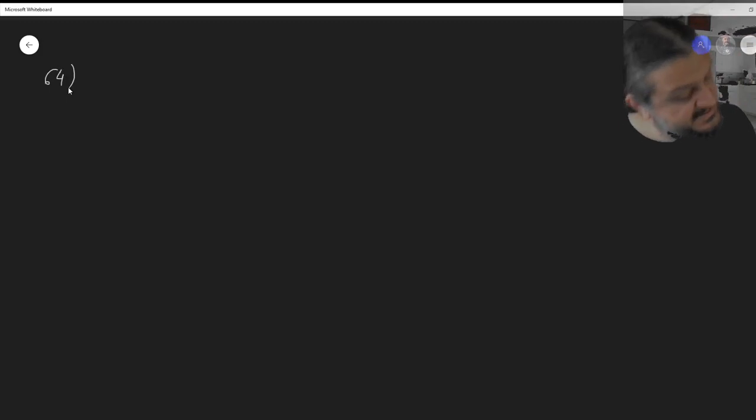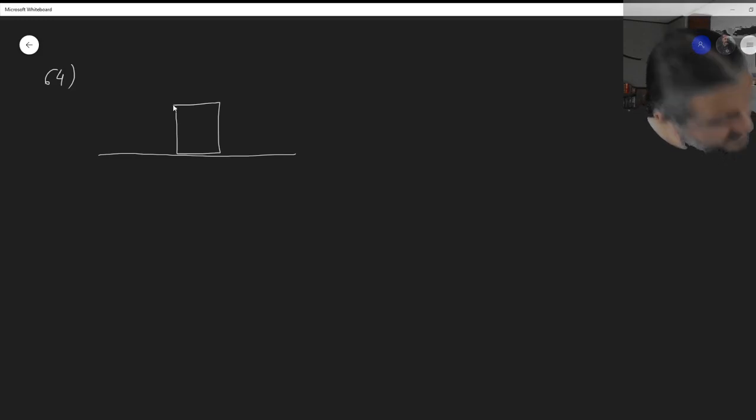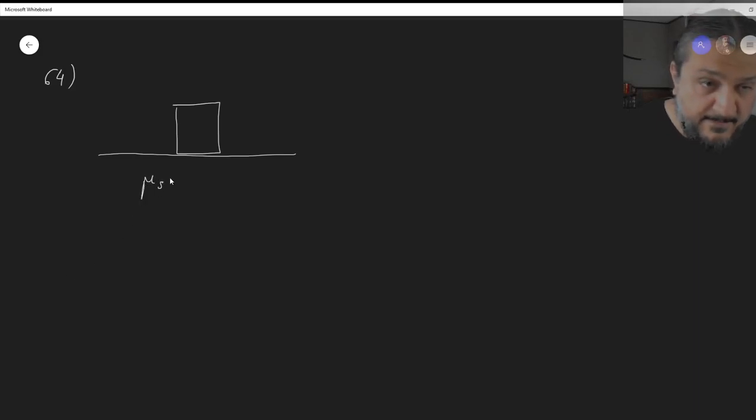A box sits on a horizontal wooden ramp. The coefficient of static friction between the box and the ramp, mu s, is 0.3.